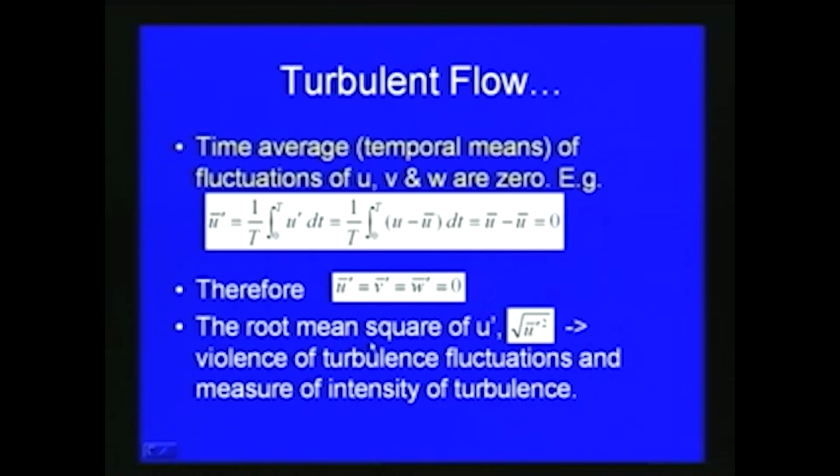Generally we express the root mean square, say square root of u dash bar square, which is used to describe the violence of turbulent fluctuations, and it is generally a measure of intensity of turbulence. As we have seen, due to various reasons it is very difficult to express the real velocity fluctuation, so generally we express it as a root mean square component.